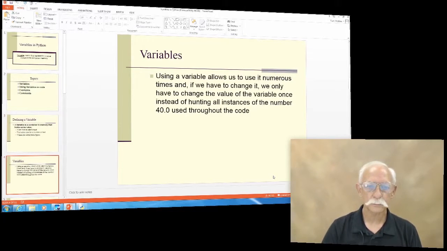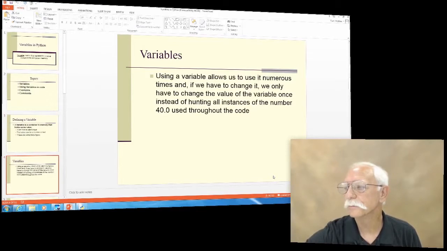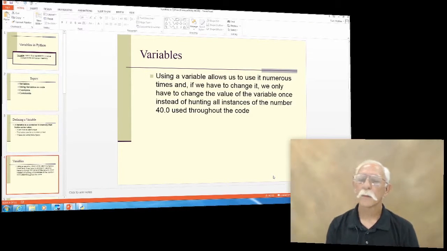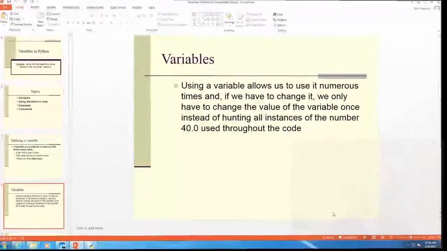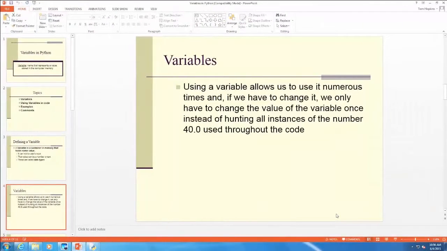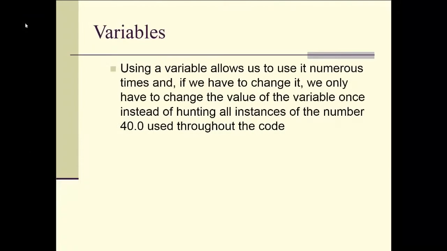Now, using a variable allows us to use it in all sorts of different ways. And I'll go ahead and get my slideshow up back here. What it allows us to do is use a particular value over and over again.